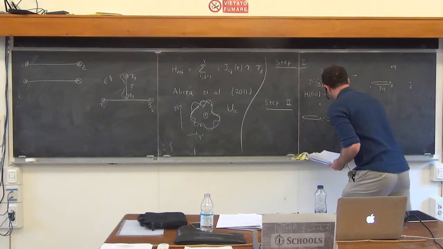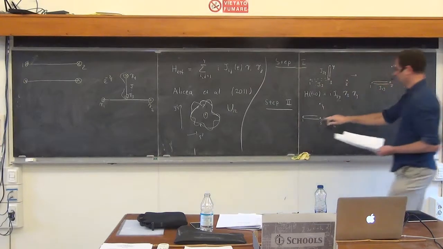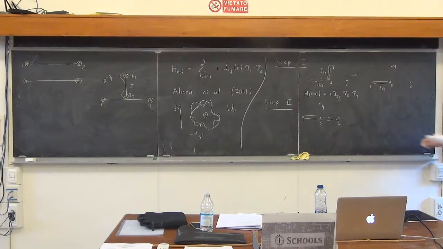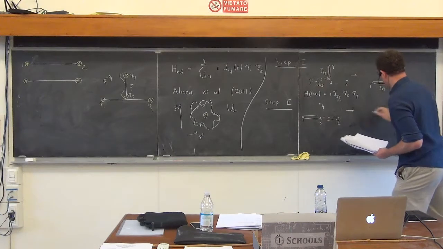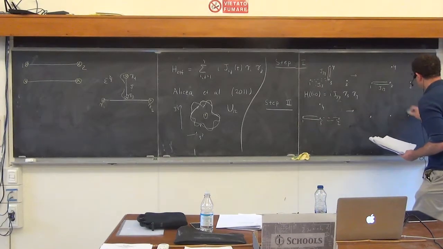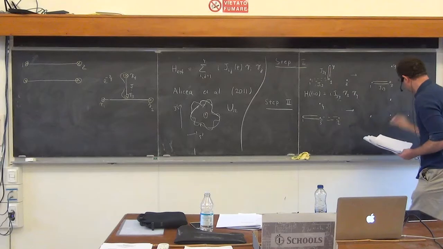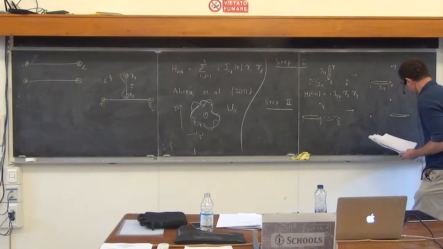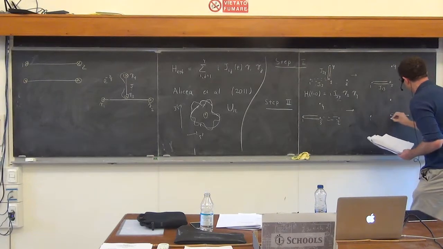So this is 1, 2, 3, 4. I start turning on 3 to 2, and at the end of this step, I have 3 coupled to 2 and nothing else. 1, 2, 3, 4.